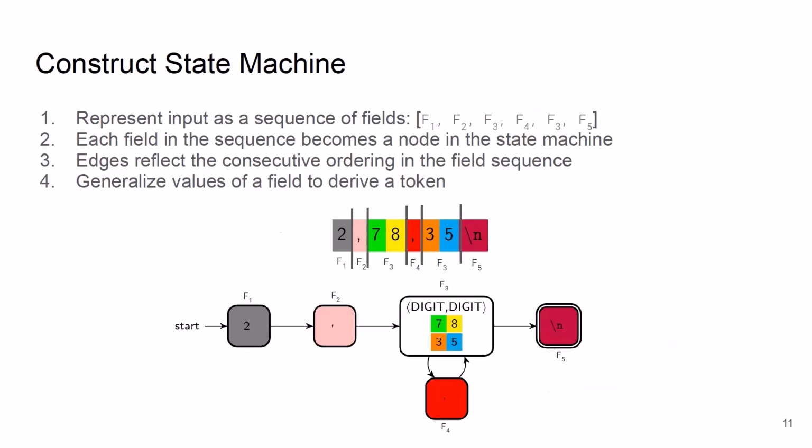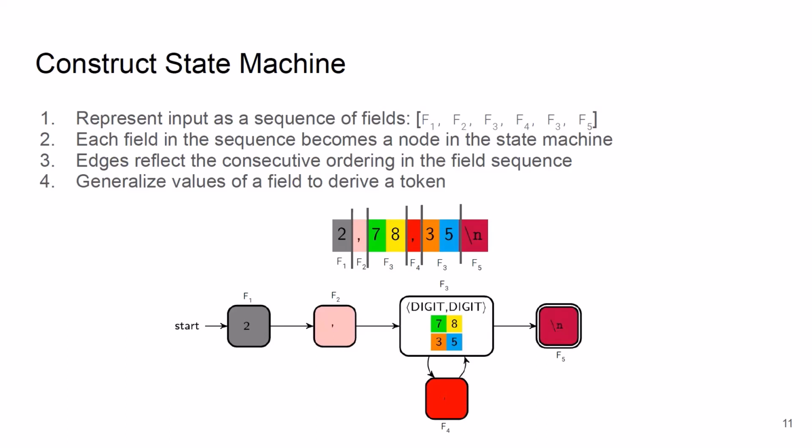To construct a state machine, we take each field and create a node for it. The edges of the state machine reflect the consecutive ordering of the fields in this sequence. Let's say there will be an edge from F1 to F2, F2 to F3, F3 to F4, and then F3 back to F3, F4 back to F3, and the final node is F5.